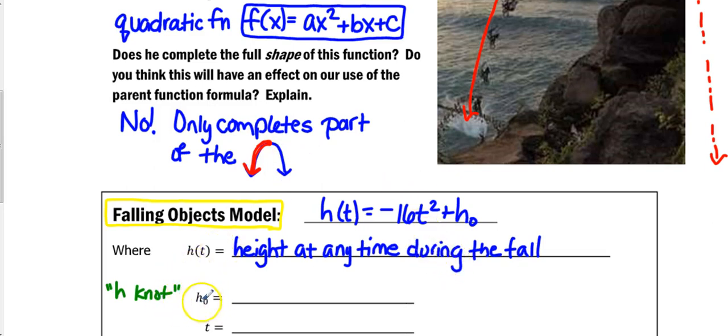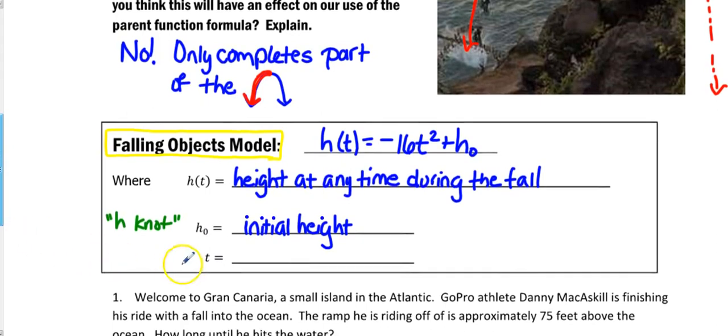H naught, or h with this little 0 subscript, always represents the initial height. So you can almost think of it as this little 0 telling you that no time has gone by. This is where you're starting. It's our initial height, our starting height. And then t is my time.